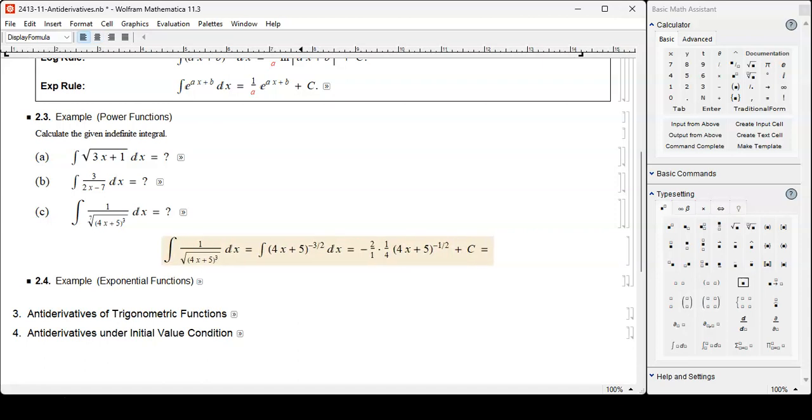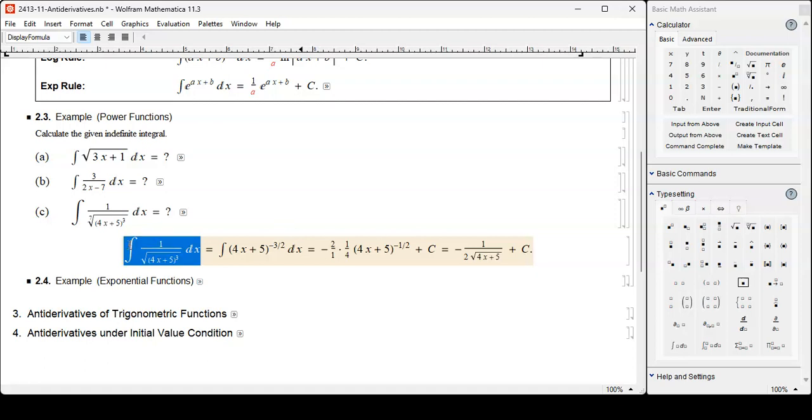And this entire thing is negative of 2/4, so 1/2. And then we have negative 1/2 power, so it's a square root in denominator. So you can rewrite like this.